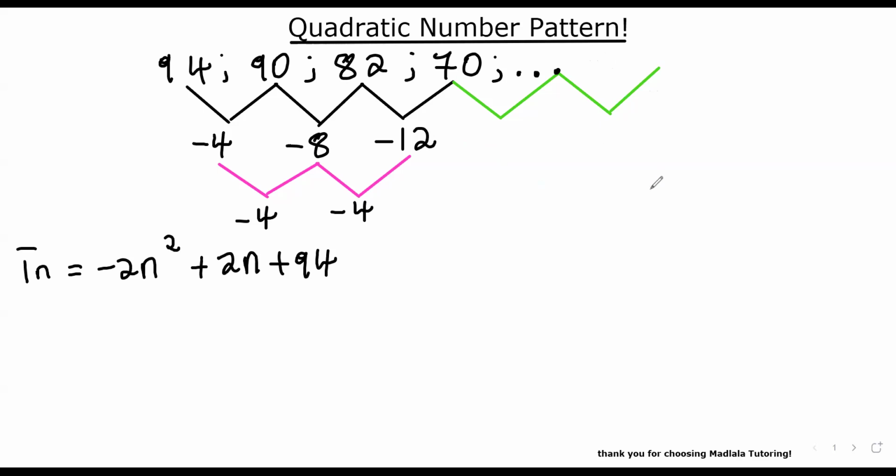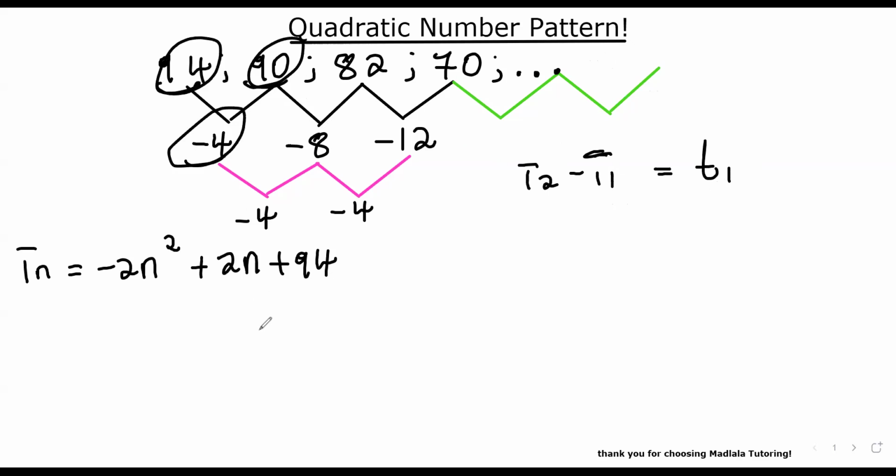But this is what I want you to realize. If you go to your quadratic pattern and say term number 2 minus term number 1, you're going to get term number 1 in the linear pattern. I'm not lying. 90 minus 94 gave you term number 1 in the linear pattern, which is the first difference, right?